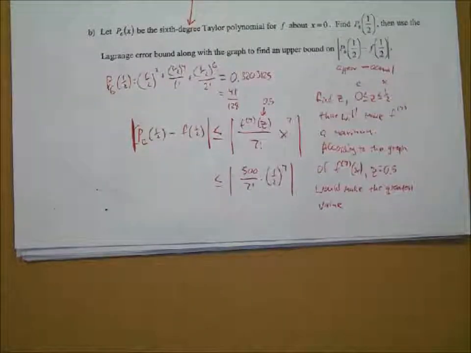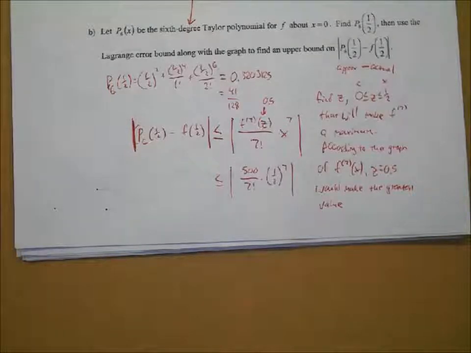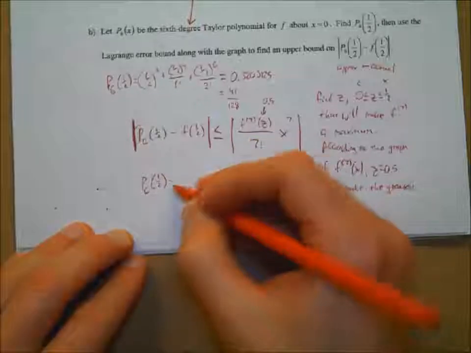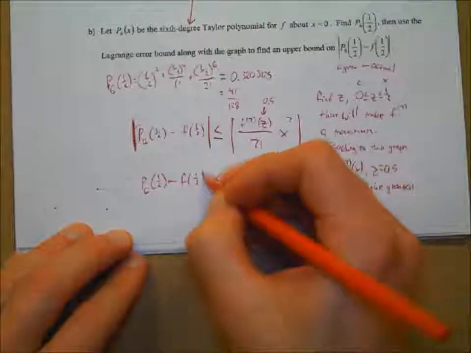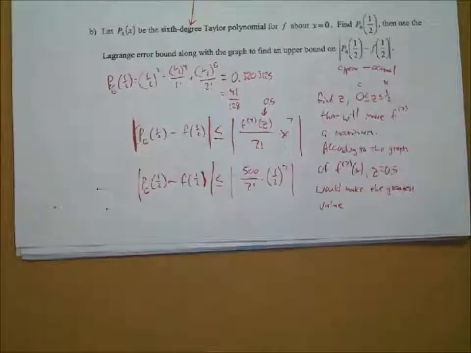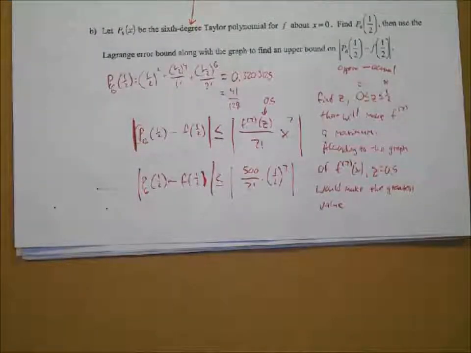Again, this is the approximation of the actual error, the actual difference between our approximation and the actual value.